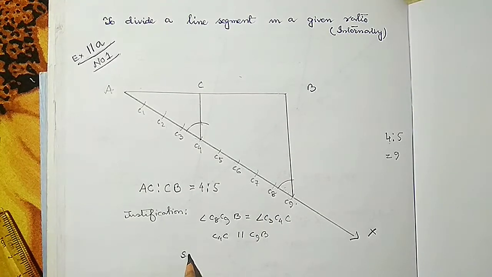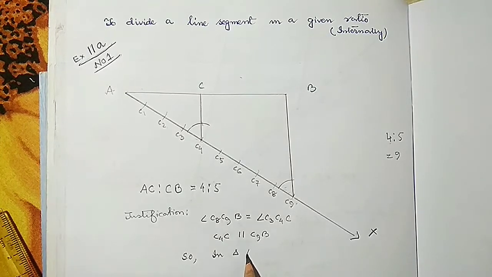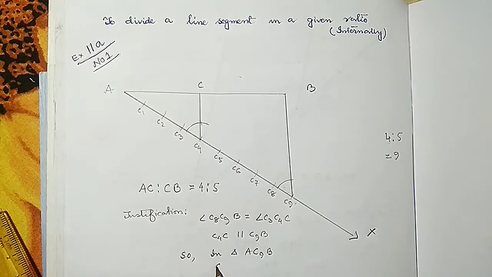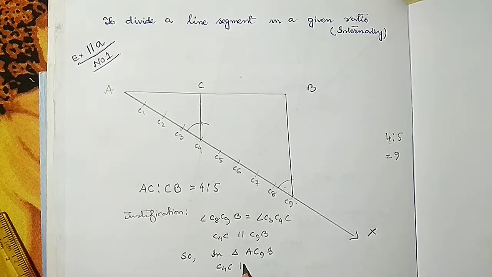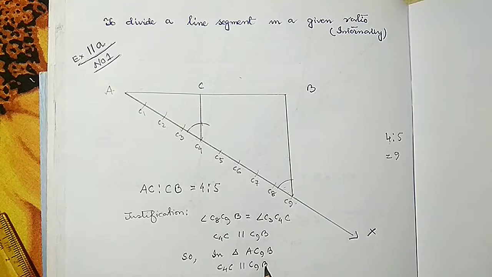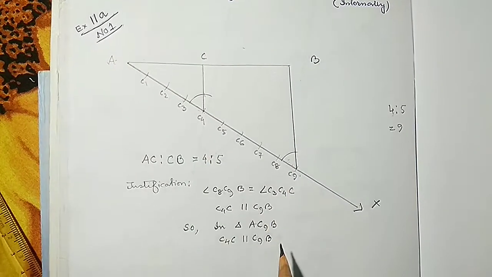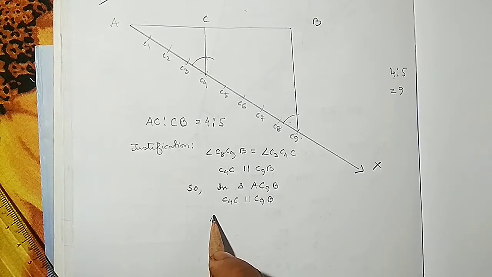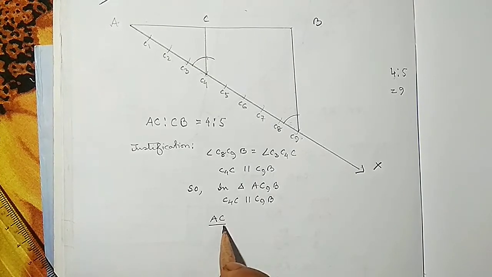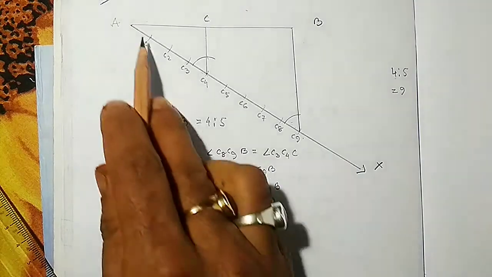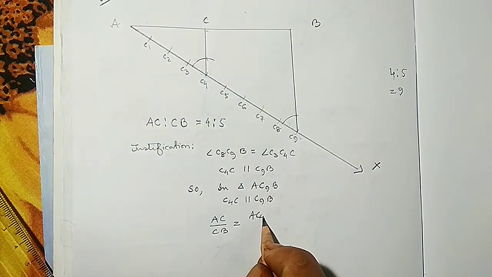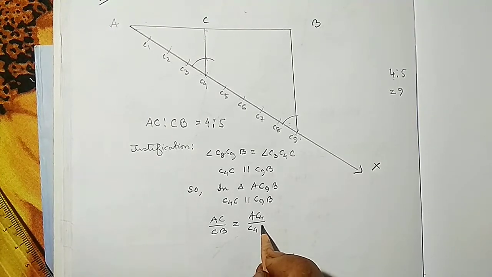So, from BPT I can write, in triangle AC9B, C4C is parallel to C9B. As these two lines are parallel, using BPT what can we write? We can write AC by CB equal to AC4 by C4C9.